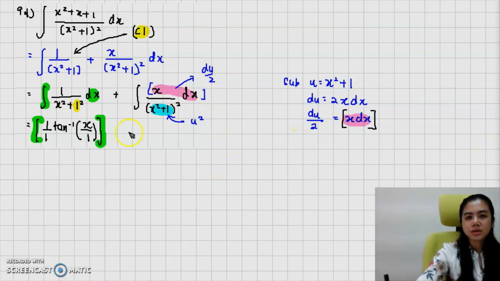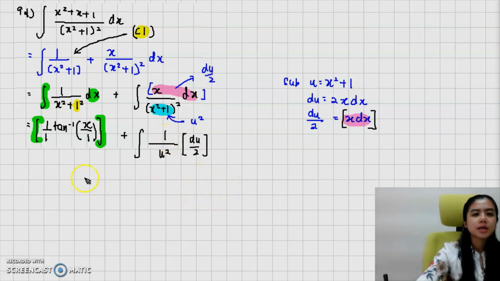And this one is my u squared, right? So the next line that you see here is u squared, and this is du over 2, and what we have here is 1.